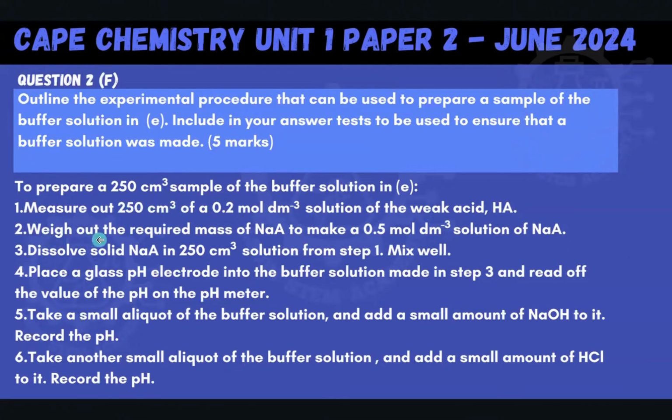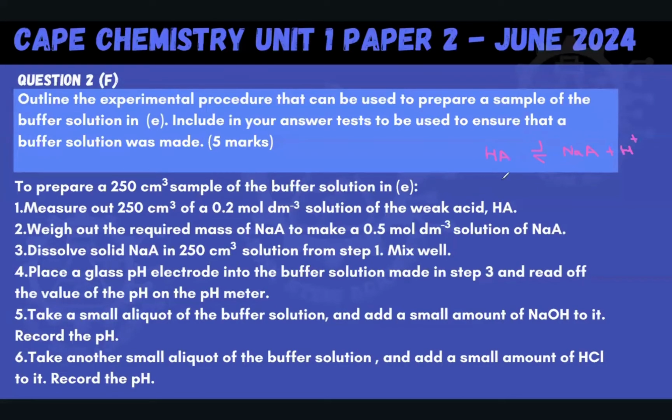Then we weigh out the required mass of NaA to make the 0.5 mol dm⁻³ solution of NaA that we need. Remember what our buffer solution was comprised of. The weak acid would have been HA, in equilibrium with the salt, the conjugate base, A⁻, and then of course H+.